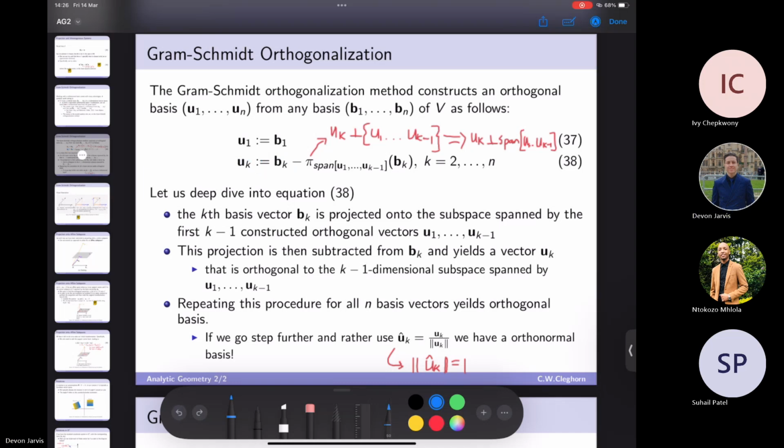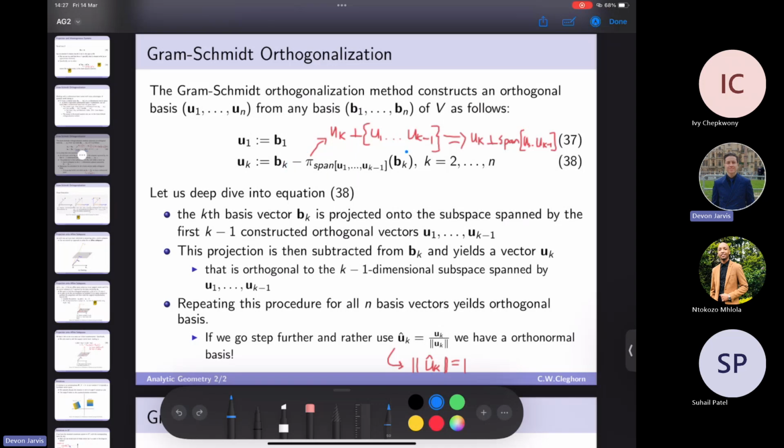All right, and the way I do this is I take Bk and I subtract from it the component of Bk that lies along all of the previous vectors I've just constructed. So any portion of Bk that can be written in terms of a previous U that I've created will now be subtracted from that vector. Okay, and that's what this means.